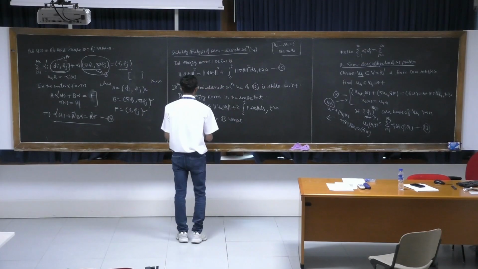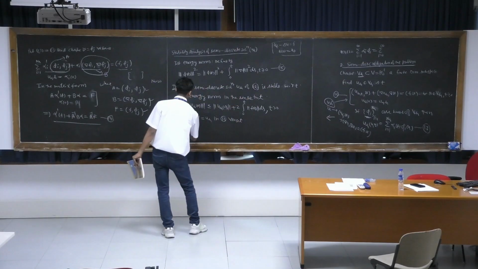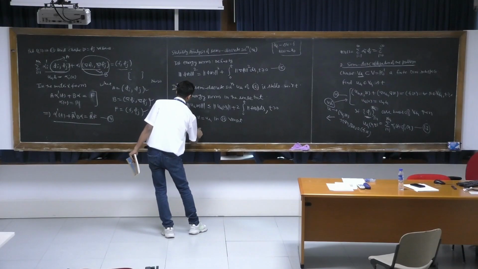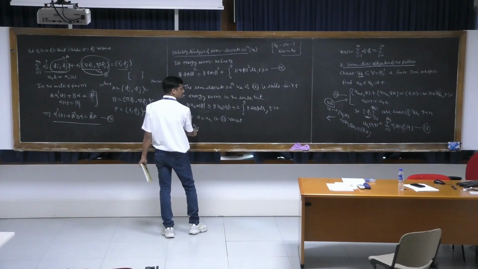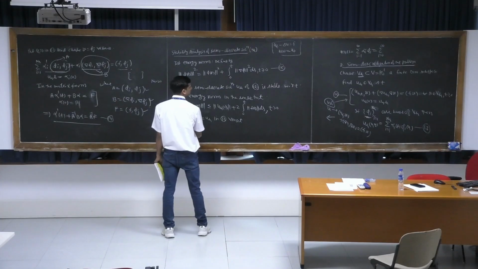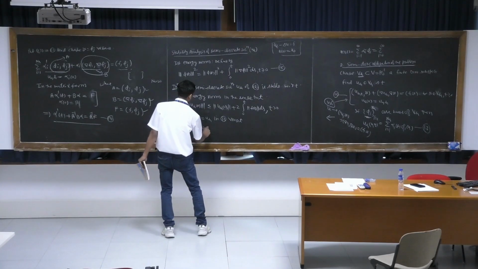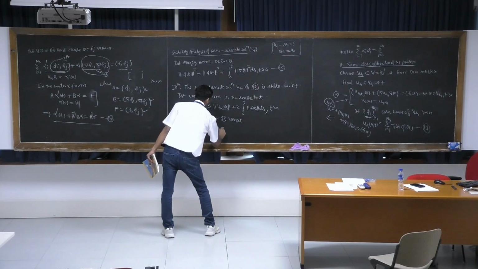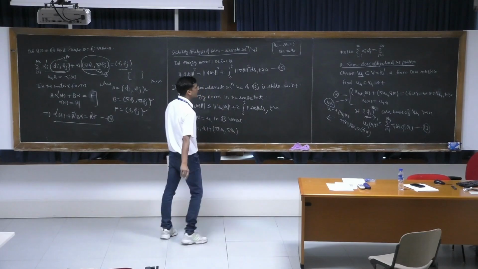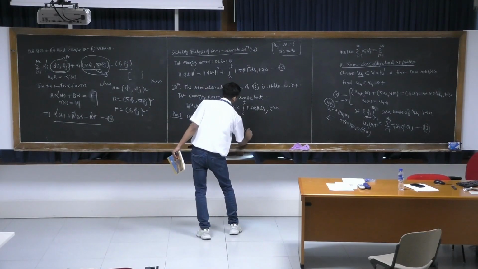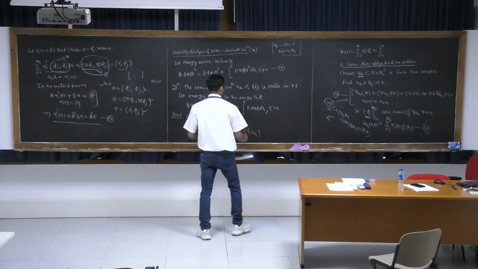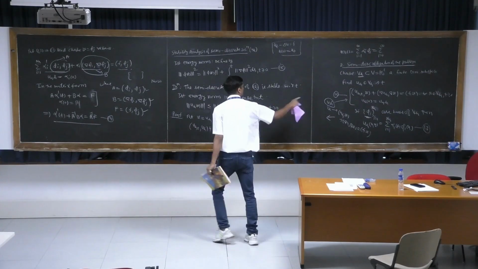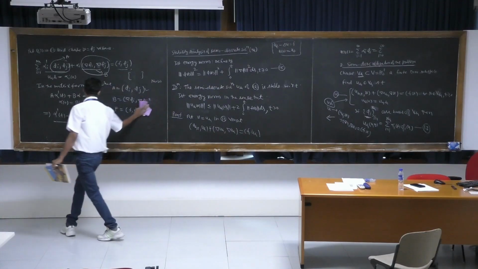We get the inner product of u_h,t, the partial derivative of u_h with respect to t, and u_h, plus the inner product of del u_h and del u_h, equal to the inner product of f and u_h.